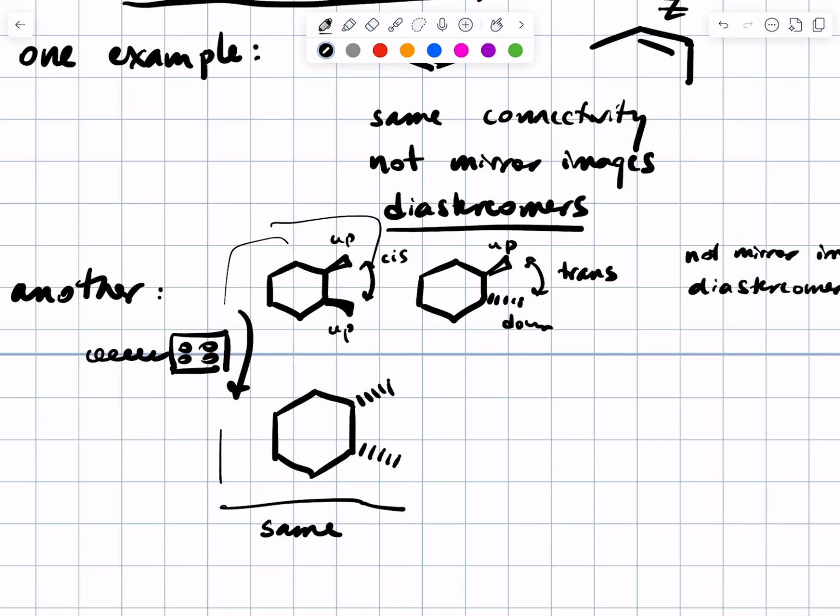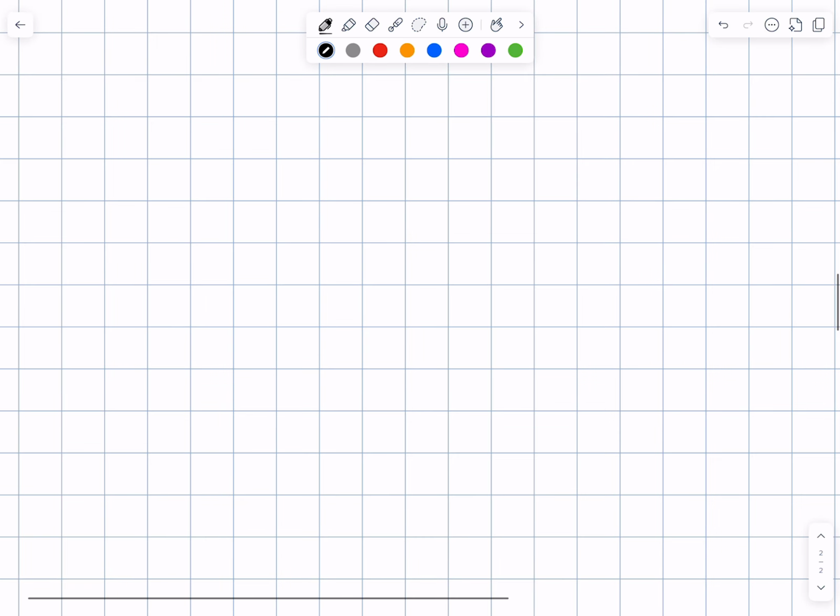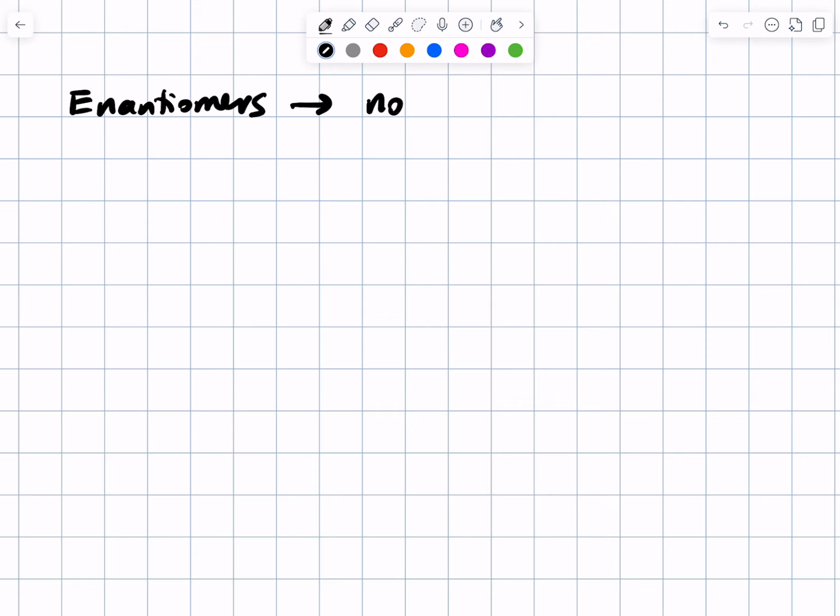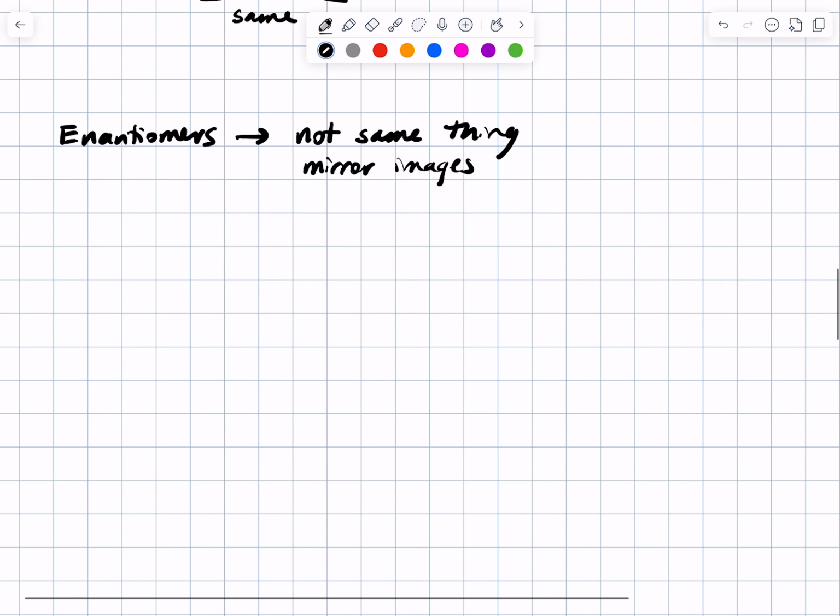So let's talk more about enantiomers. As I said, enantiomers are stereoisomers that are mirror images of each other. Okay? So, because they're stereoisomers, they are not the same thing. But they are nevertheless mirror images of each other. And enantiomers always have a property.